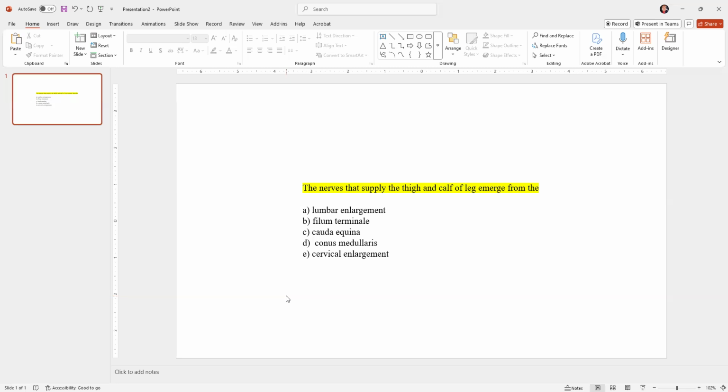Why is there no enlargement in the thoracic region of the spinal cord? That's a good question. I think because there's no plexus there. We have a cervical plexus, a brachial plexus for all the nerves that go up to the upper limb. We have a lumbar plexus and sacral plexus for those.